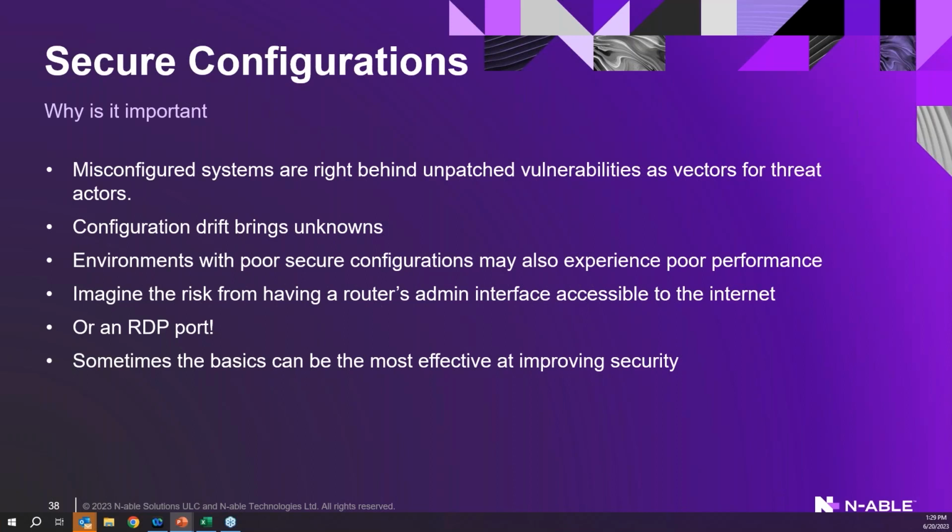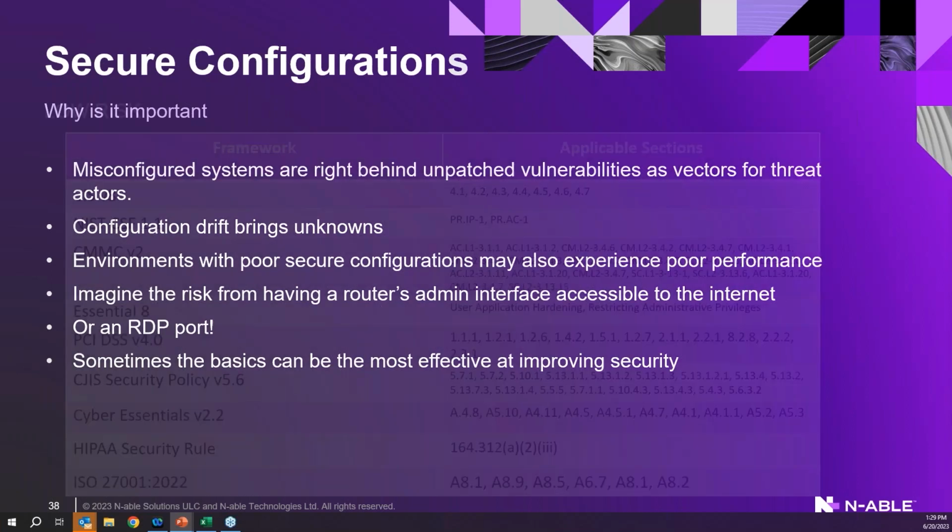Also, configuration drift is a good reason why we want good security controls around configuration, because as systems are updated, reloaded, moved, they start to drift out of their initial configuration, which brings unknowns. And unknowns are the things you don't know you have to defend against. So this helps keep those under control. And there are other benefits as well.